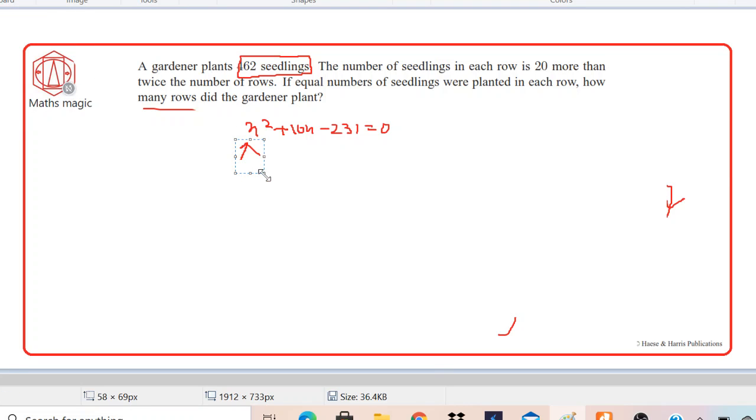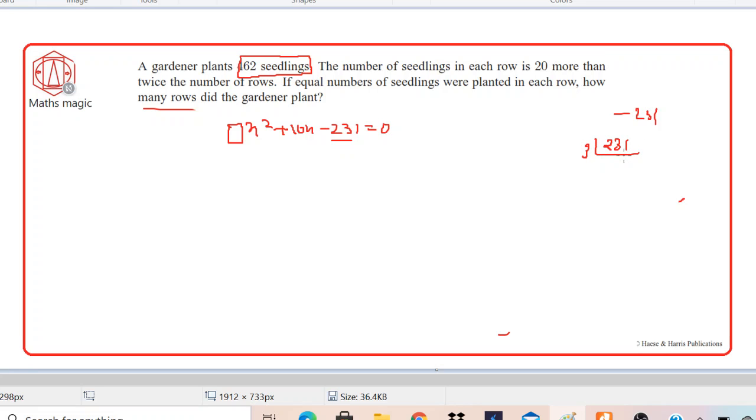As usual, you have to find the factors which will help us split the middle term. We multiply 231 with the coefficient of x squared, which is 1 only, so we need to split 231. First you find the prime factors for this, which will be helpful.